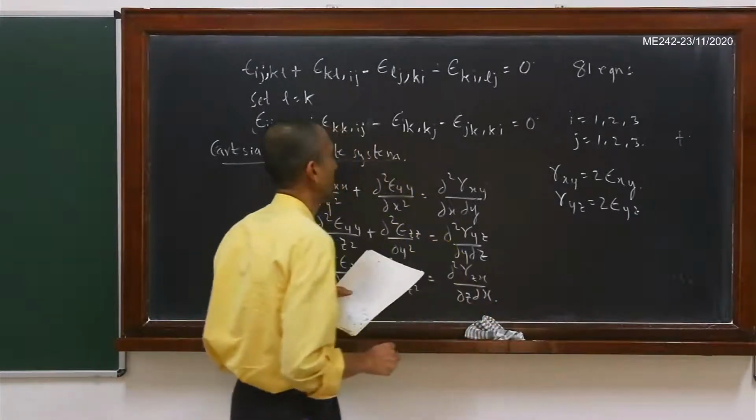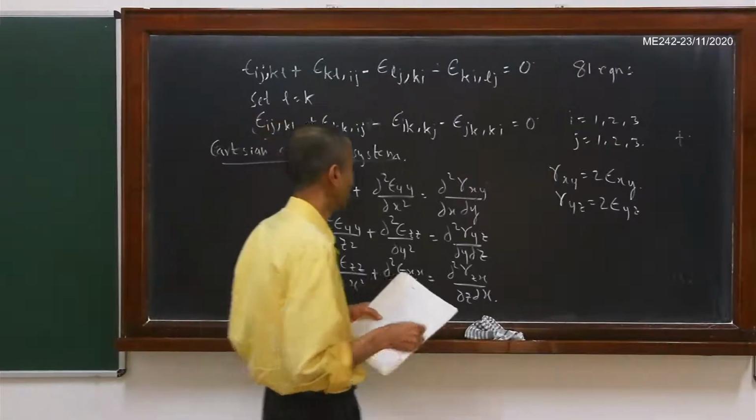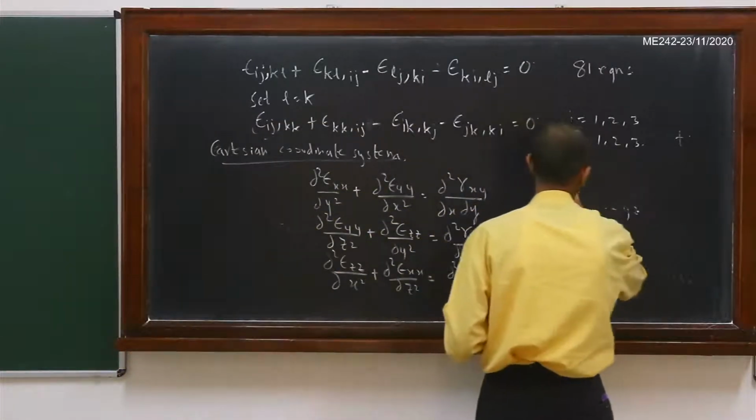So this is a set of 3 compatibility relations, and then similarly there are 3 others.